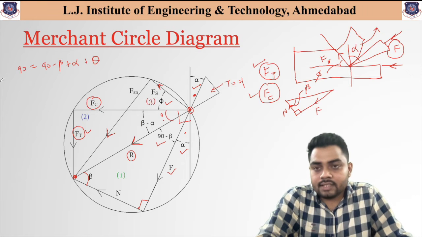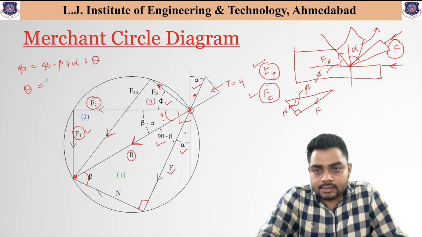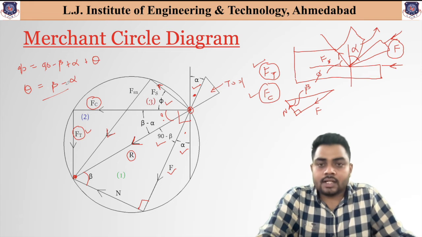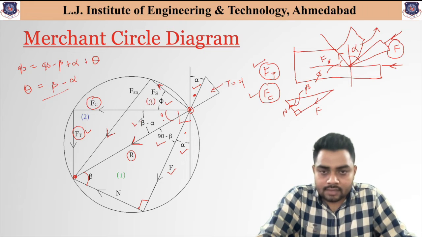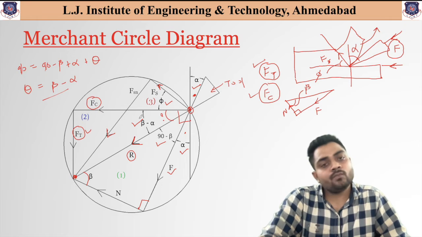So this theta will give us what? The 90 will cancel out, and theta will give us the value of beta minus alpha. So this angle beta minus alpha is indicated over here.